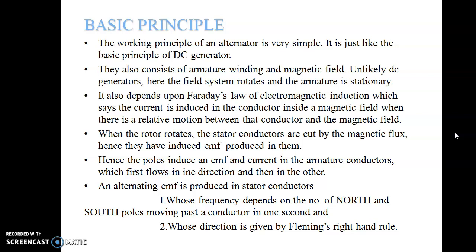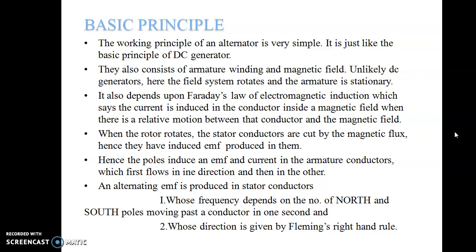So an alternating EMF is produced in the stator conductors, whose frequency depends on the number of north and south poles moving past a conductor in 1 second, and whose direction is given by Fleming's right hand rule.